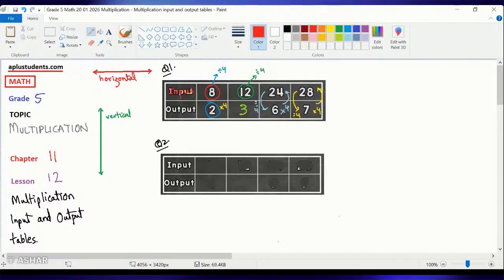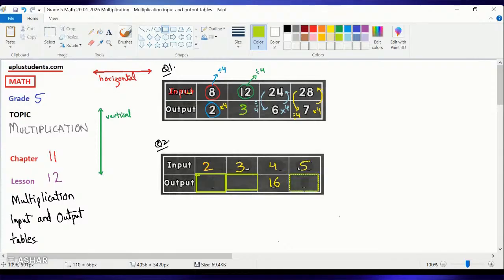The input is given as 2, 3, 4, and 5. One of the answers was given to us, this was given as 16, and the remaining values were missing values.